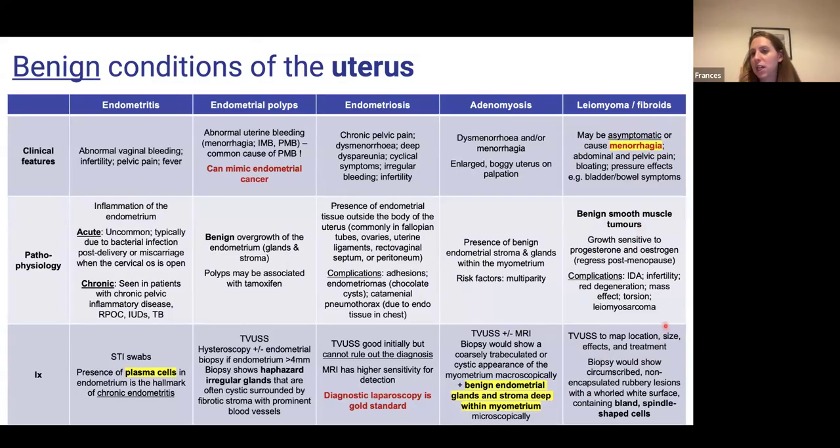And because they can grow very, very large, you can get pressure effects, so bowel and bladder symptoms, urinary incontinence, and so on. But in general, if you did a biopsy, you would see bland spindle-shaped cells, and you tend to have these rubbery white encapsulated lesions with a whorled surface.